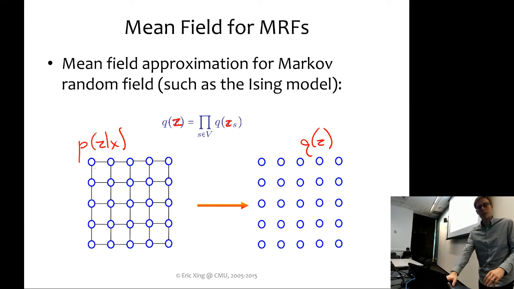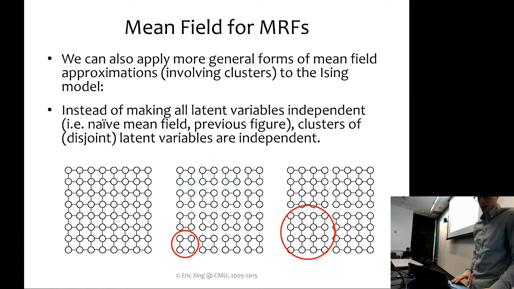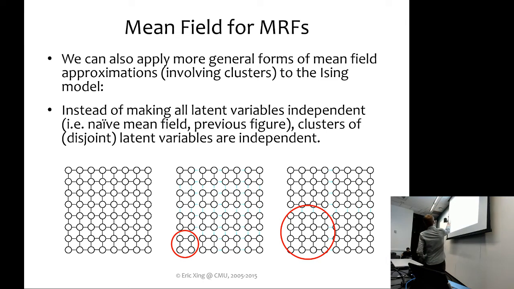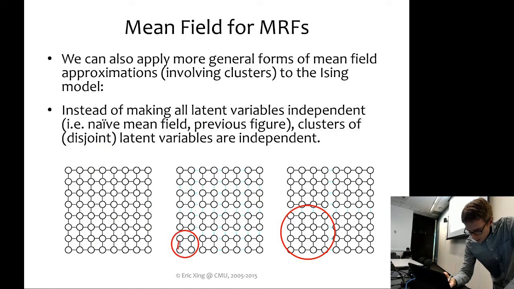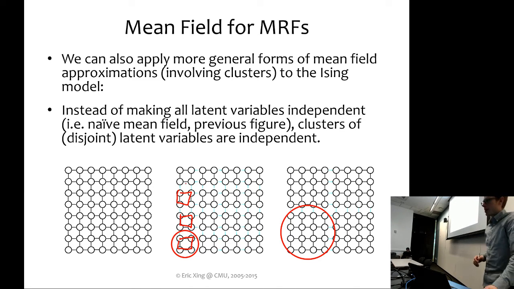Okay, so this is just one example of a way of decomposing things, but there are other ways that you could decompose, right? So for example, you could take little clusters of variables. Maybe you don't break it up into single variables like this, but rather you say, okay, for each collection of 4 random variables, we can do exact inference on 4 variables.